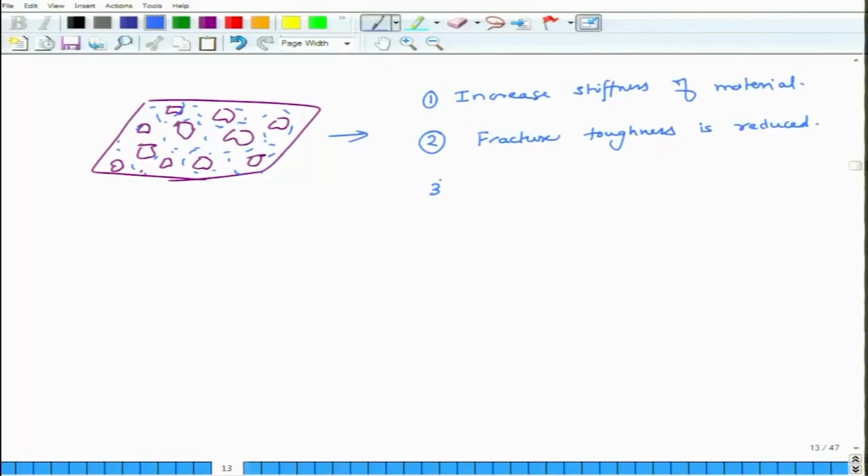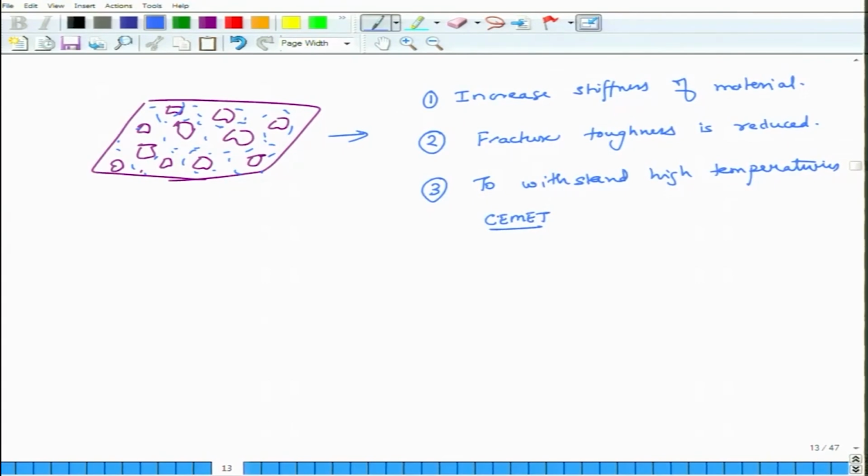There are several applications where they are also used to withstand high temperatures, and one example of that, we have already discussed this earlier, is called cermet. Okay.